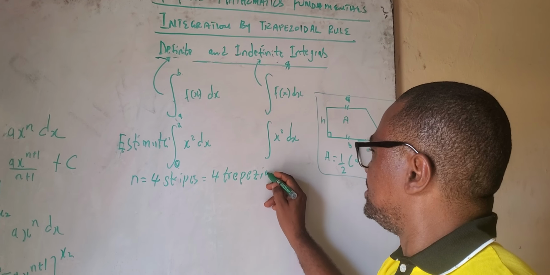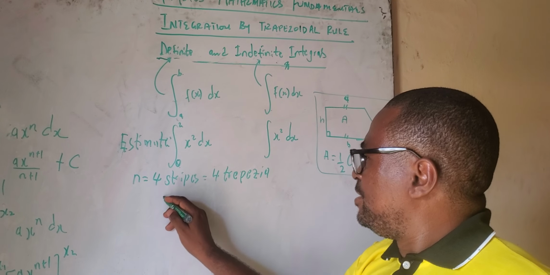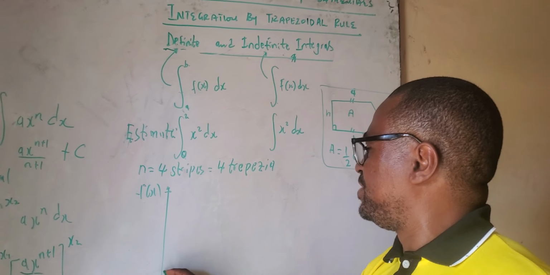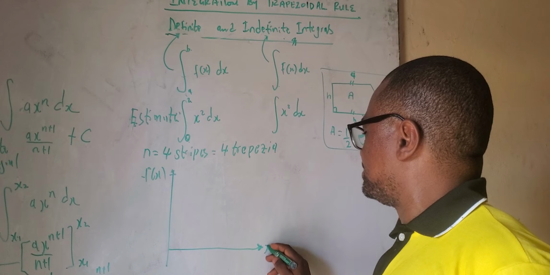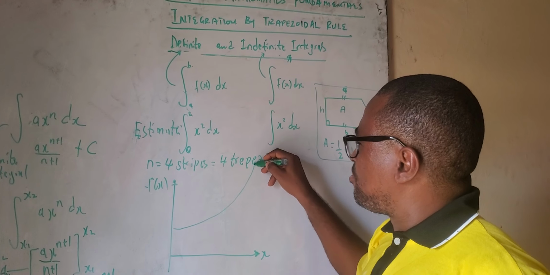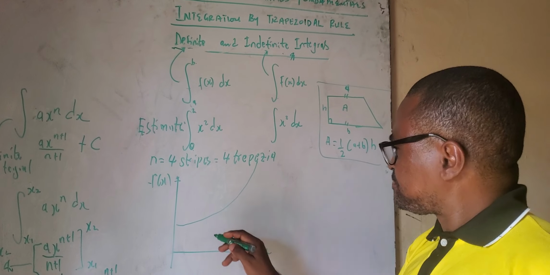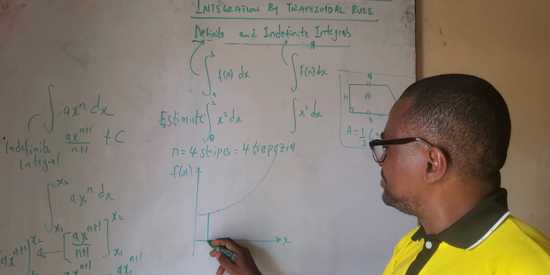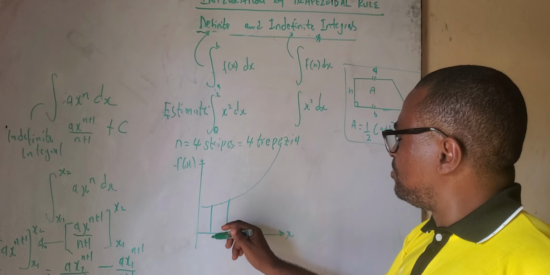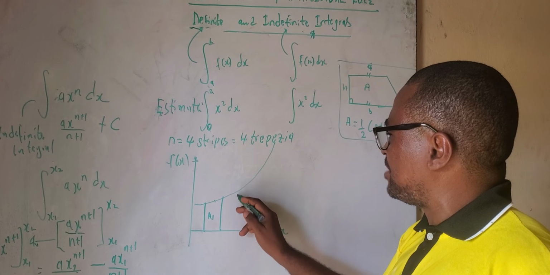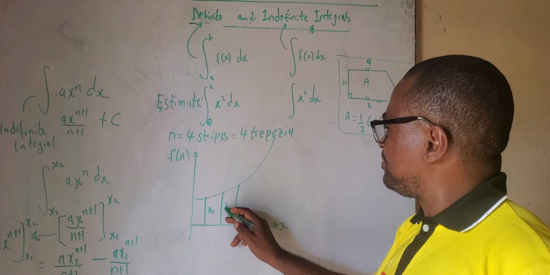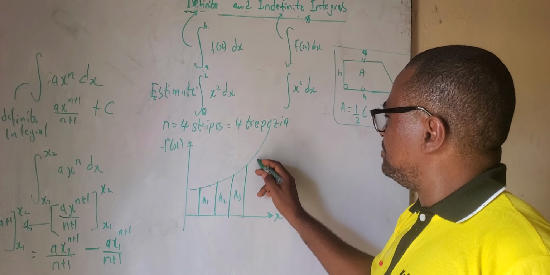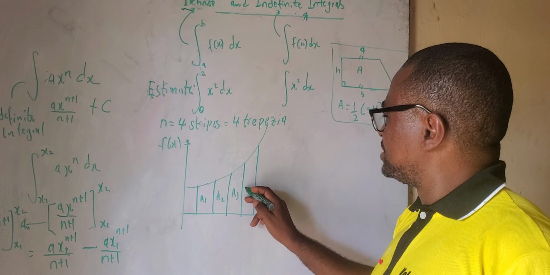So what this one means is this. If you have the function f of x with respect to variable x, let's have an arbitrary curve for that function. Now, 4 trapezia simply means you have this is number 1 trapezium, this is the first trapezium, this will be the second trapezium, this will be the third trapezium, and this will be the fourth trapezium.